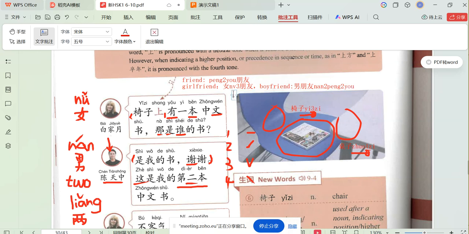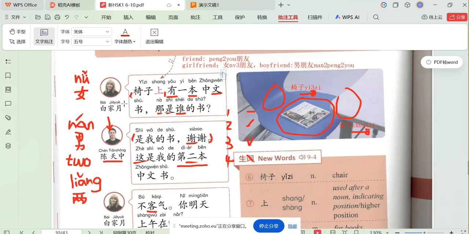So 女 means female or ladies. 男 means male or gentleman, man. So if I ask you the question, whose book is on the chair?